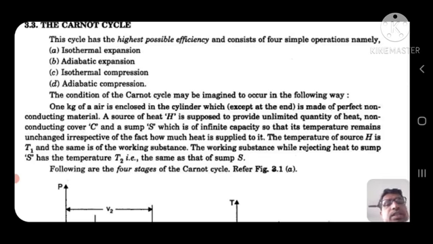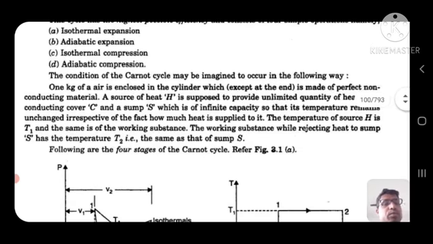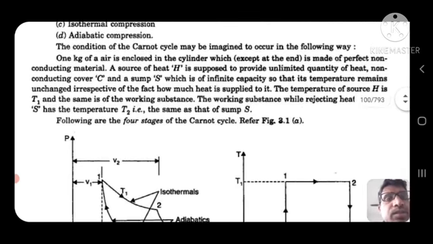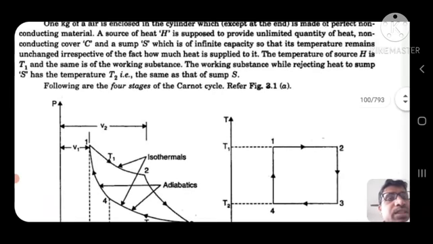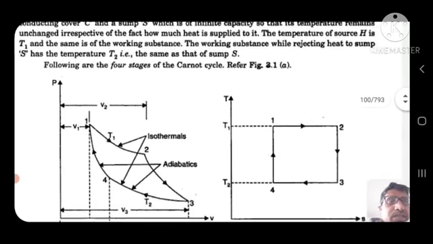A source of heat, H, is supposed to provide an unlimited quantity of heat. The sink, which is of infinite capacity, has a non-conducting cover so that its temperature remains unchanged irrespective of how much heat is supplied to it.